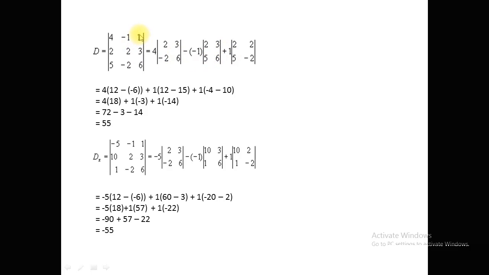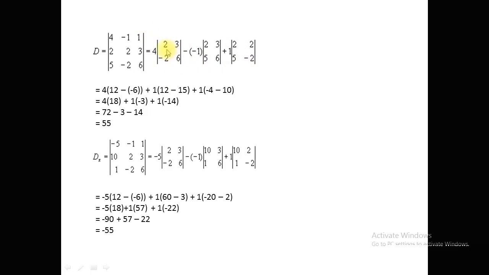The position of this element is the first row and third column. So minus 1 power 1 plus 3 is equal to minus 1 power 4. This is the formula for the cofactors, and the minor matrix M33. So the cofactor of 1 is plus 1, and the new minor matrix contains the elements 2, 2, 5, minus 2.